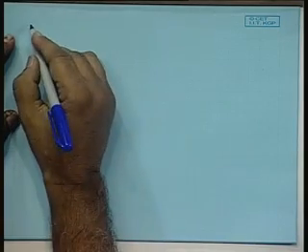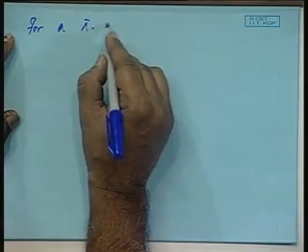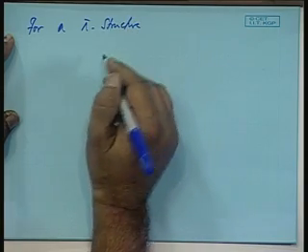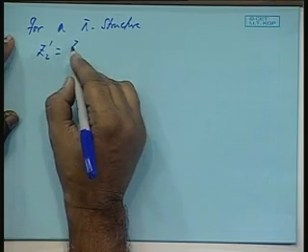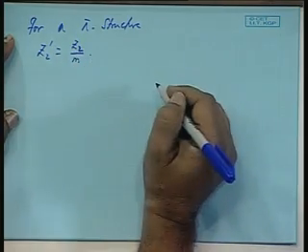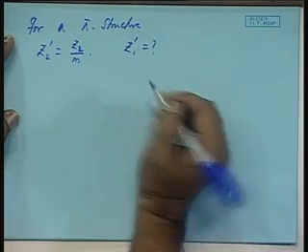For a pi structure, we take Z2 dashed to be equal to Z2 by m. Then what will be Z1 dashed?